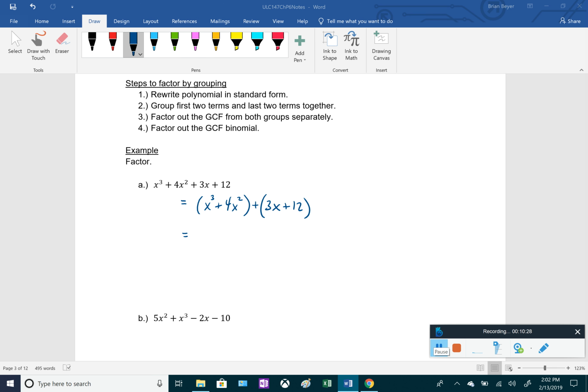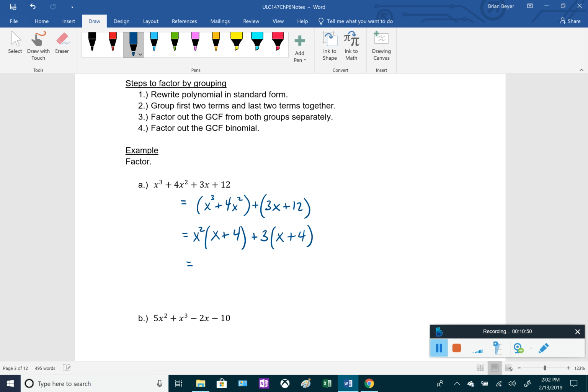The GCF of the first one, x cubed plus 4x squared, is x squared. Dividing that out, we are left with x plus 4. For the last set of parentheses, 3x plus 12, factoring out the GCF is a 3. We're left with x plus 4.